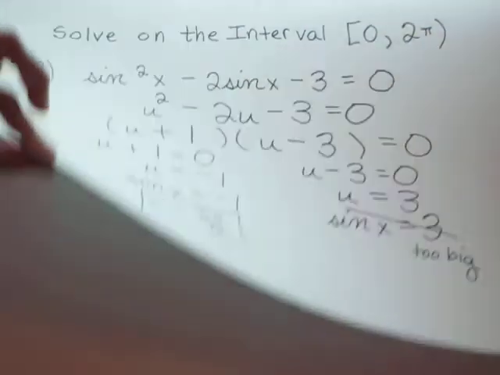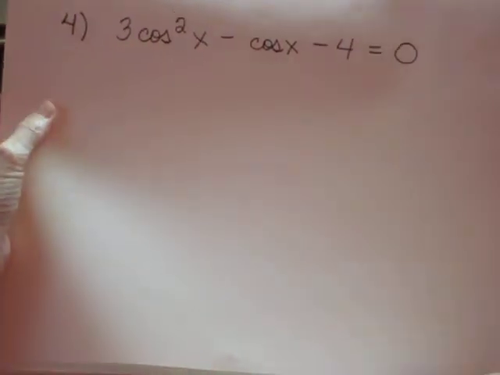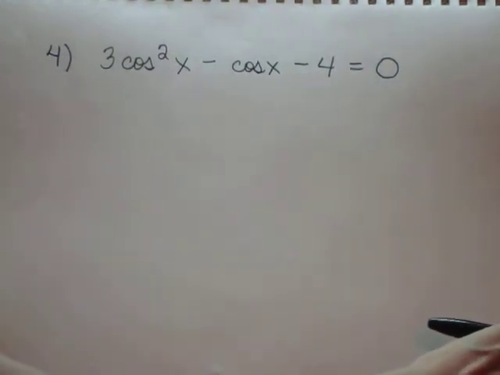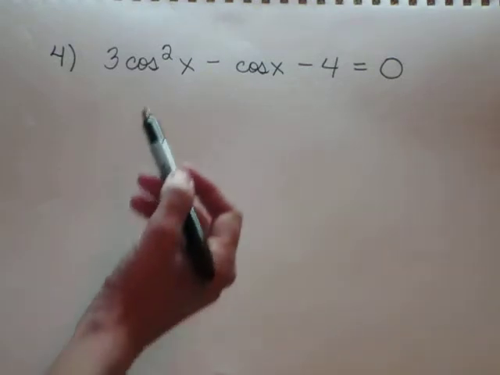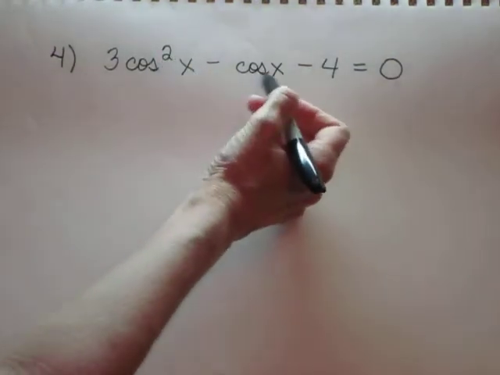Okay, our next problem is 3 cosine squared of x minus cosine x minus 4 is equal to 0. So again, here I'm noticing I have a cosine squared of x at the beginning and then a cosine x in the middle.